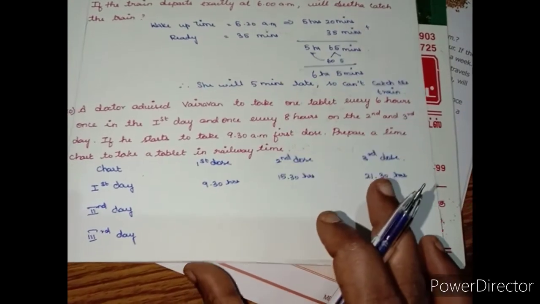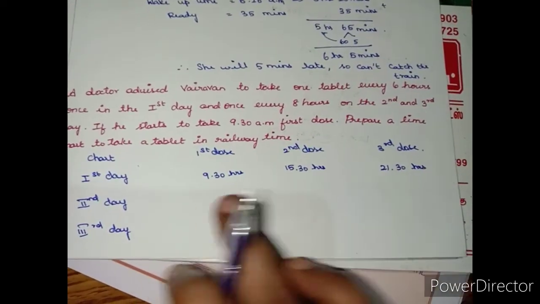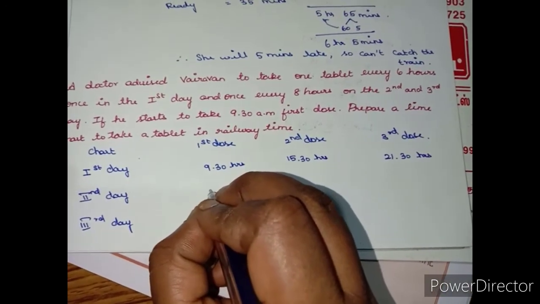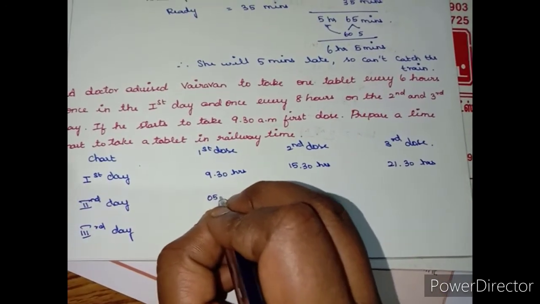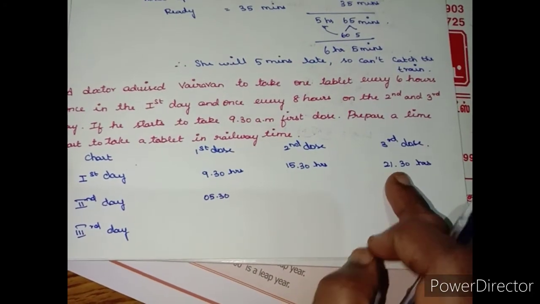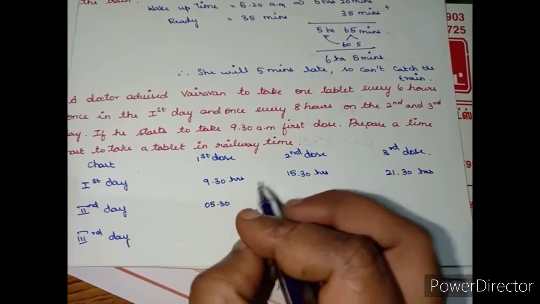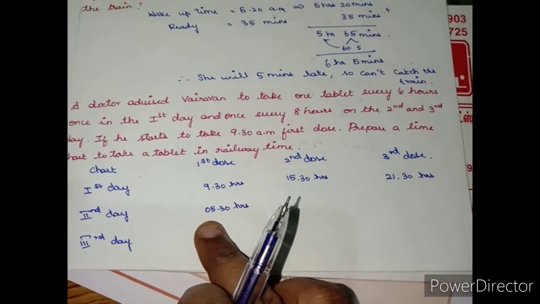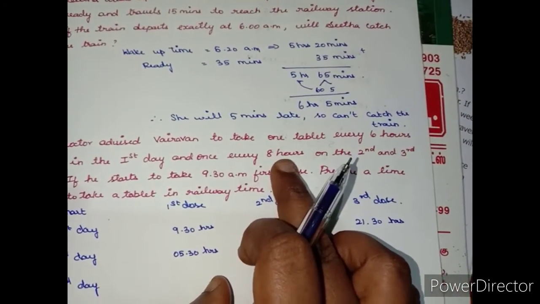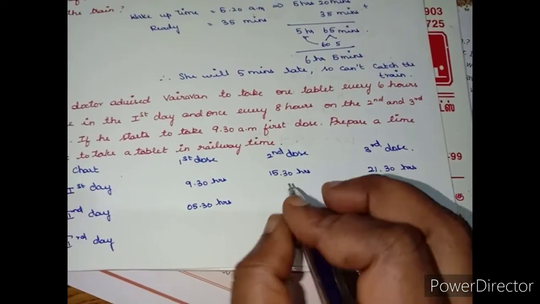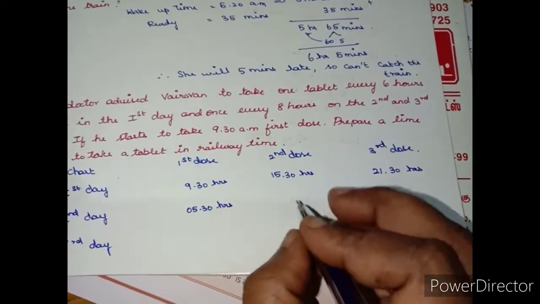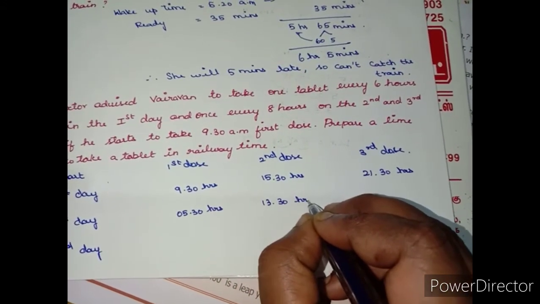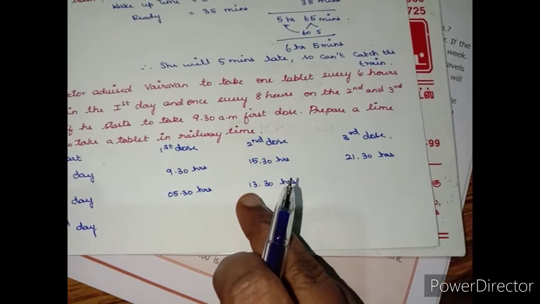The second day, again from here, 8 hours means 5:30. So from here adding 6 hours. Then in the second day we are going for 8 hours, plus 8. So it is 13:30. That is afternoon 1:30. From here plus 8.